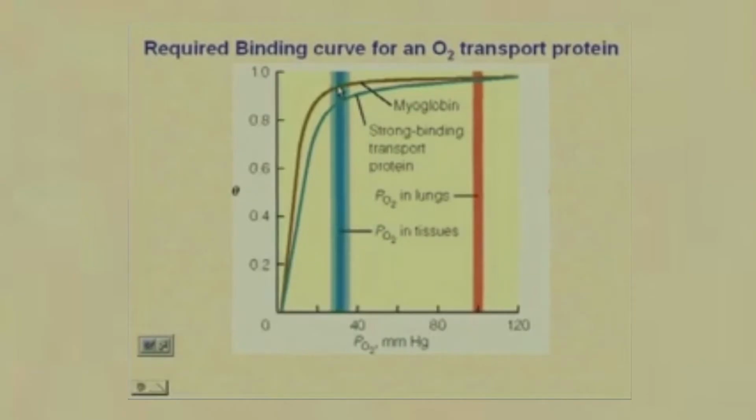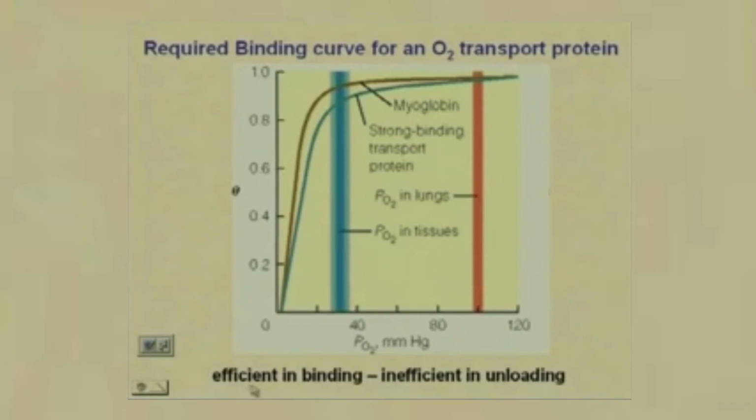So, if we have a strong binding transport protein, what is going to happen? It is going to be efficient in binding but inefficient in unloading. Is that clear? Because hemoglobin has to release the oxygen. If it does not release the oxygen, it makes no sense for it to bind it.